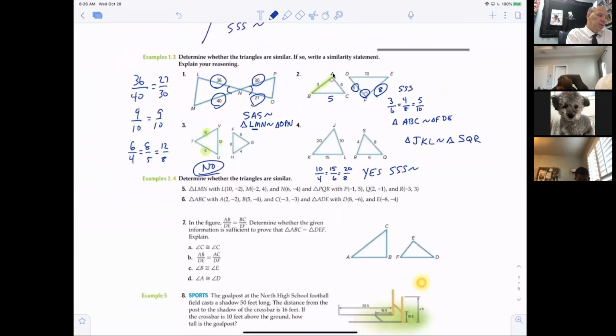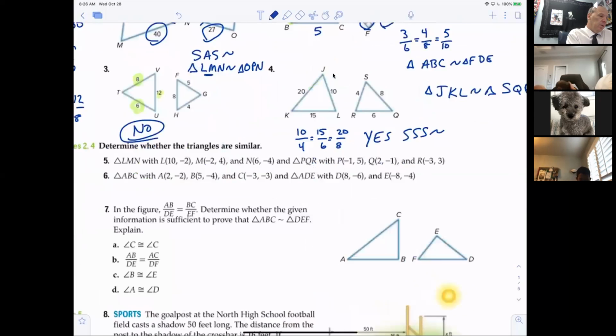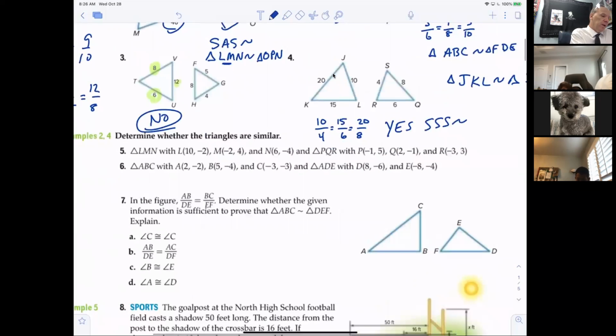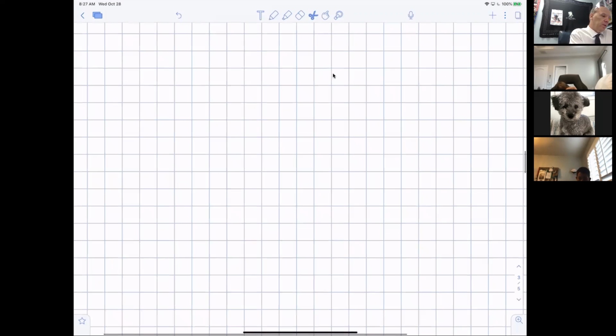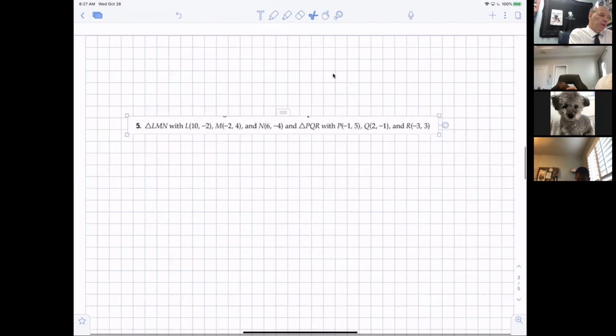Easy, easy, easy. Uh-oh. Now we have these graphs. Sorry, guys. I'm not a fan either. So here we go. Grab number 5. We got to determine if they're similar. And it looks like we just have to check out the 3 sides, correct?